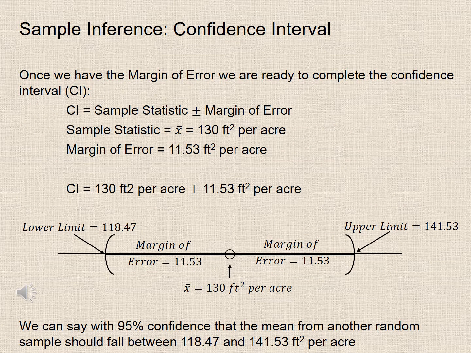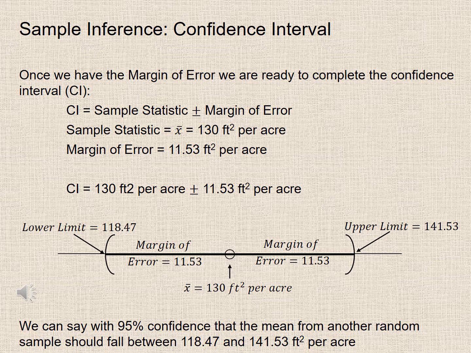With the margin of error, we can make a statement about the possible values that the population parameter could take. Remember, the confidence interval is calculated from the sample statistic and the margin of error. Our sample statistic of interest in this example is the mean, which we found to be 130 square feet per acre. The margin of error, calculated on the last slide, gave us 11.53 square feet per acre.